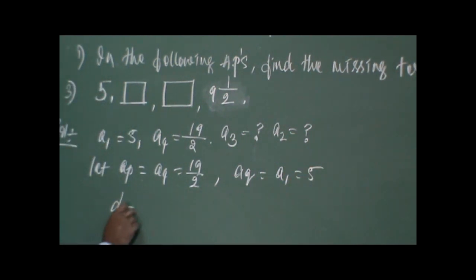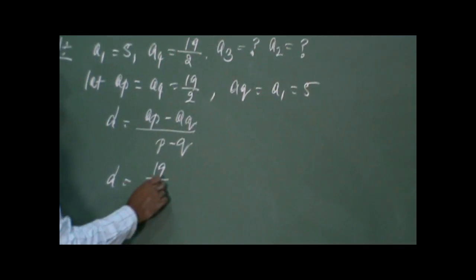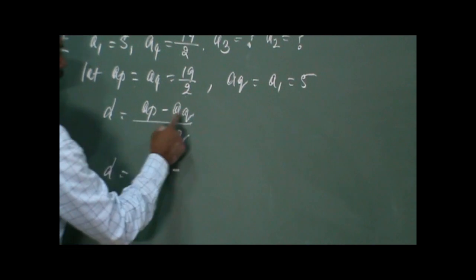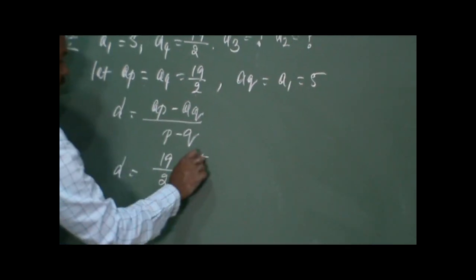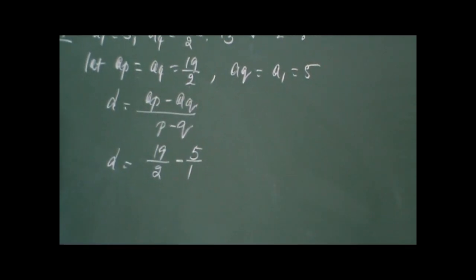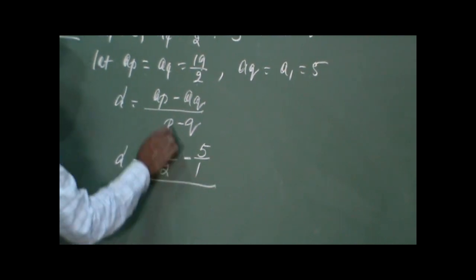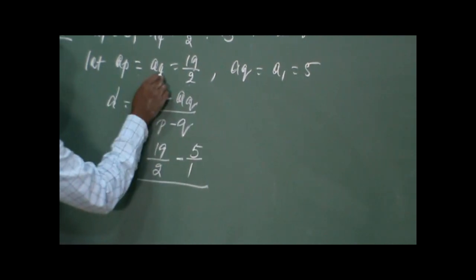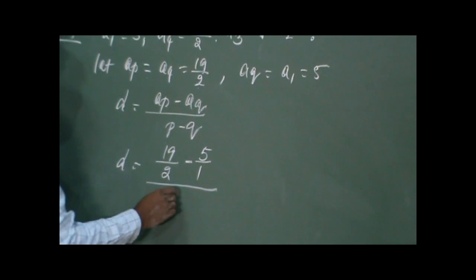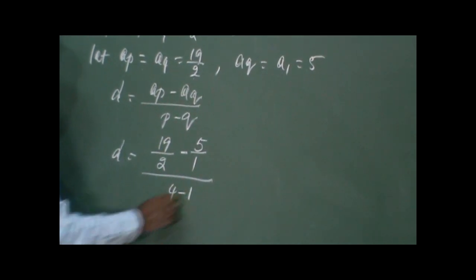So the formula goes AP minus AQ by P minus Q. D is equal to AP, 19 by 2, entirely, minus AQ, 5. The 5 can be written as 5 by 1 for convenience. P minus Q: P stands for 4, Q stands for 1. So that becomes 4 minus 1.